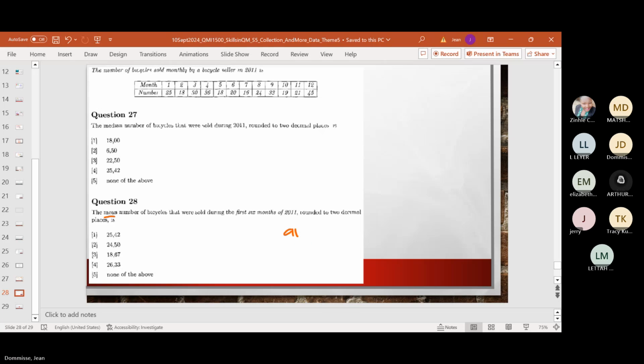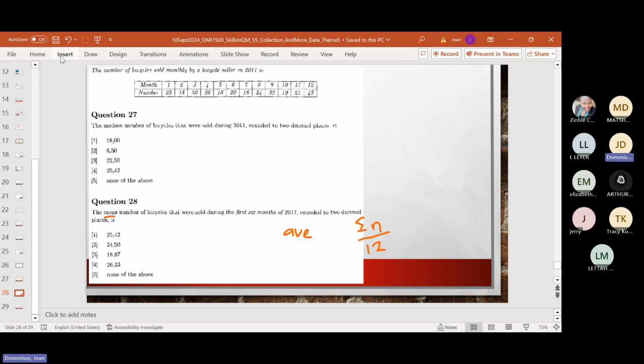To work out the average, we need to sum all of those numbers and divide by n, which in this instance is 12.